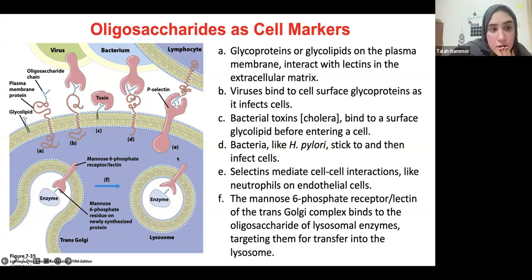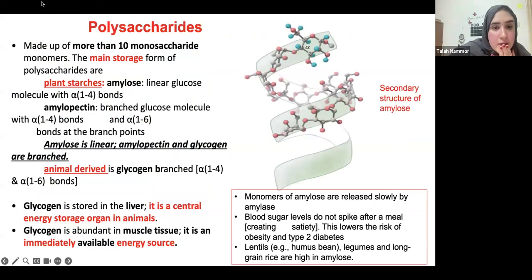Okay, perfect. Let's go. Now polysaccharides. We said oligosaccharides are 2 to 10. So if we go after 10, what will happen? We'll have polysaccharide. From the name, poly means we have a lot of monosaccharides together.